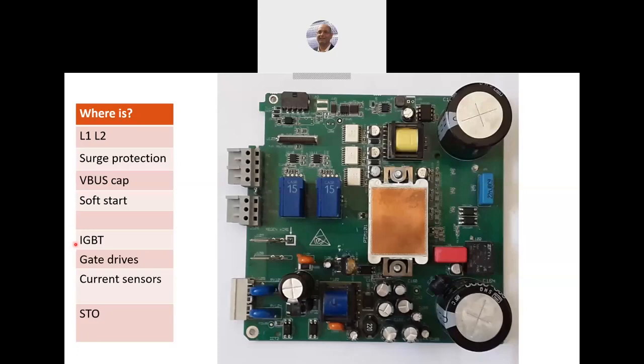IGBT. This is the IGBT. Inside, in this case, you also have the rectifier and the three-phase bridge. All the switches are inside. Think about 1, 2, 3, 4, 5, 6 transistors.